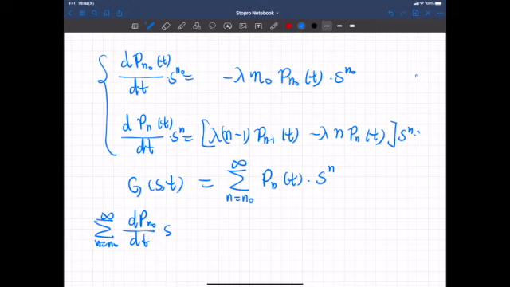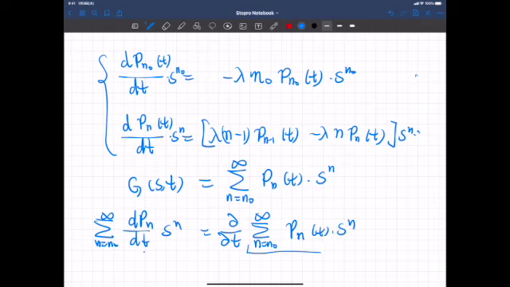dPn of t times s to the power of n, but we can move the differential operator to the outside of the summation, and that becomes a partial derivative. So that's this, and Pn of t times s to the power of n.